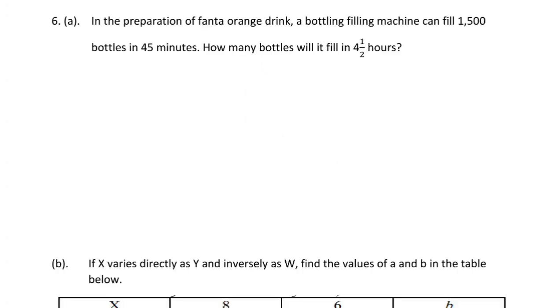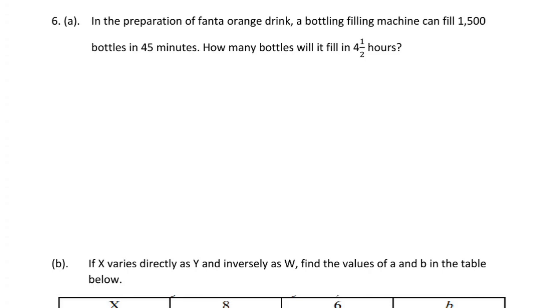So question number 6A. In the preparation of Fanta orange drink, a bottling filling machine can fill 1,500 bottles in 45 minutes. How many bottles will it fill in 4.5 hours? So this is a variation problem.